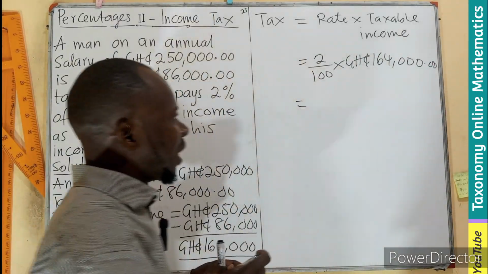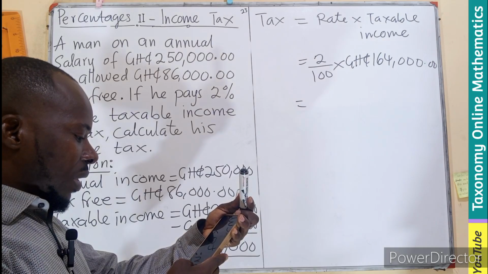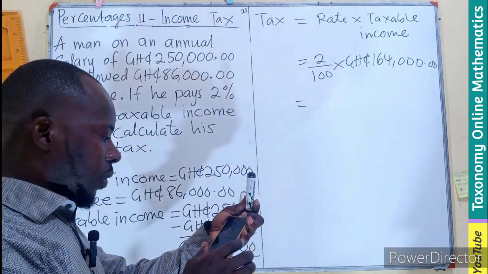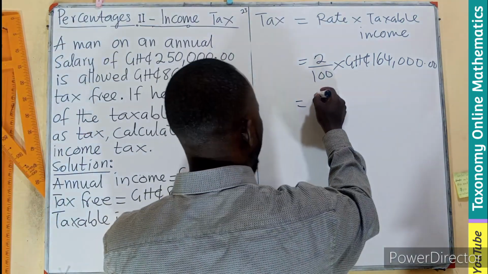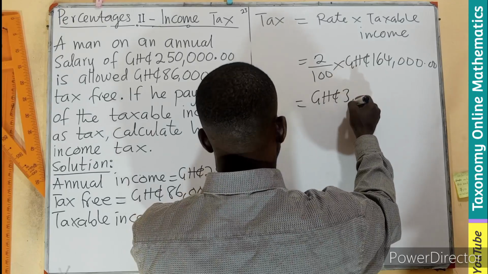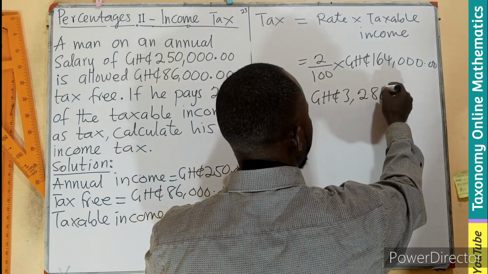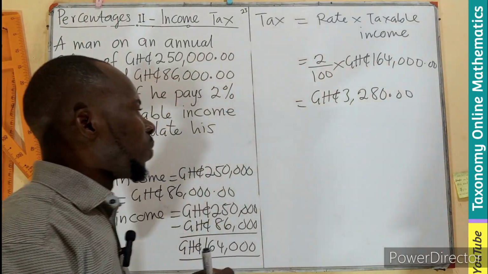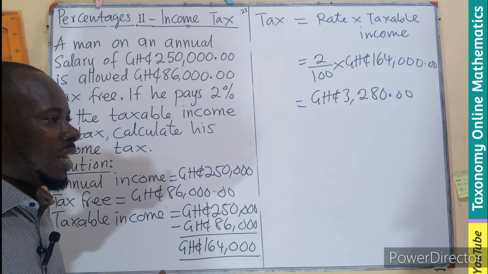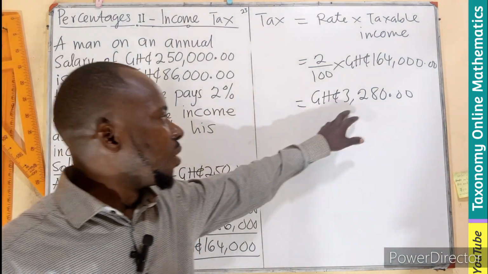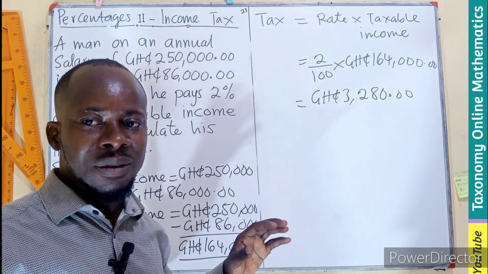And if we do that multiplication, that will be giving you somewhere 3,280 Ghana cedis.